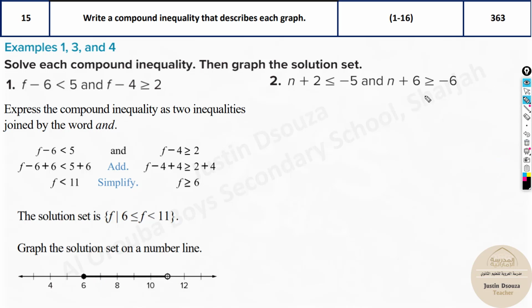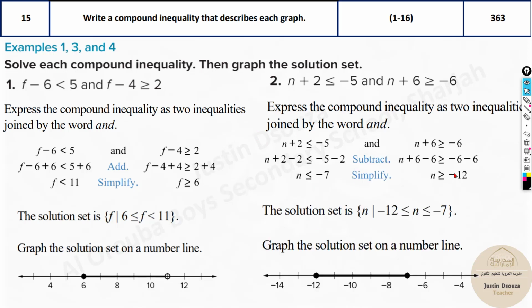Now, even this one, because it's simple, you guys please solve it by yourselves and then check the answers. You can pause the video now, solve it. And now when you see the answers, you'll get two answers. n over here is less than or equal to minus 7. So again, very important, n is less than or equal to minus 7 first. And over here, n is greater than or equal to minus 12.